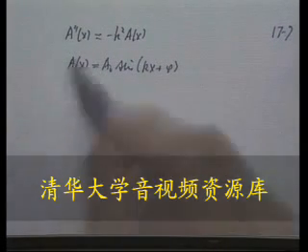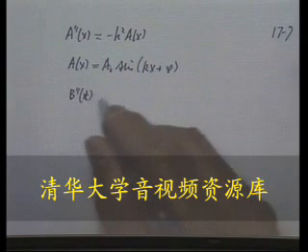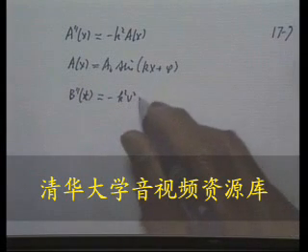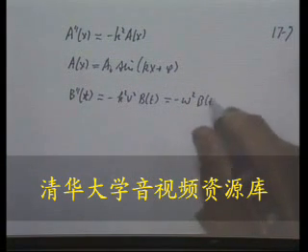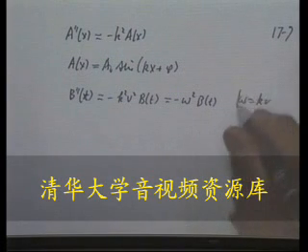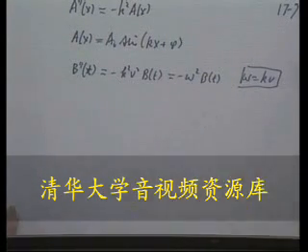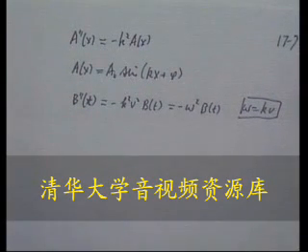Similarly, the left side tells us B double prime of t equals minus k squared v squared B of t, which we shall write as omega squared B of t, where we take omega equal to kv. If k squared had a plus sign, then the time dependence would become exponential.